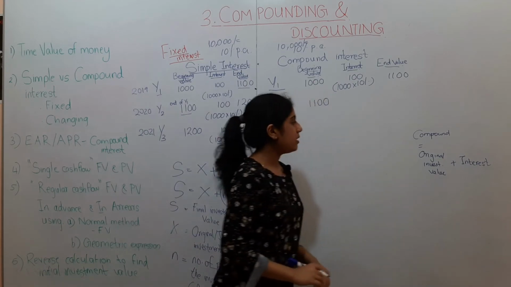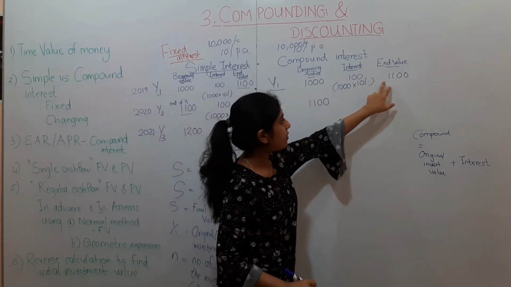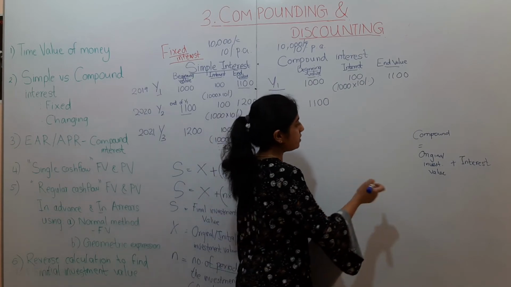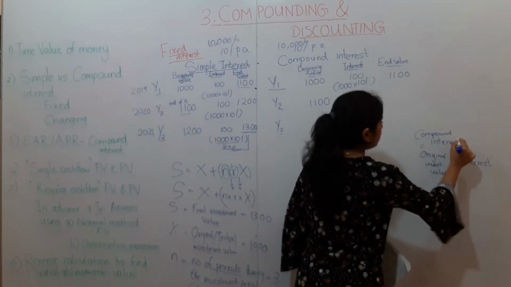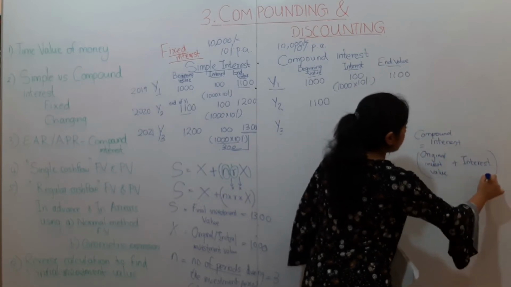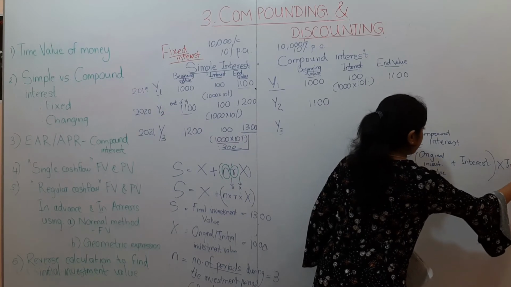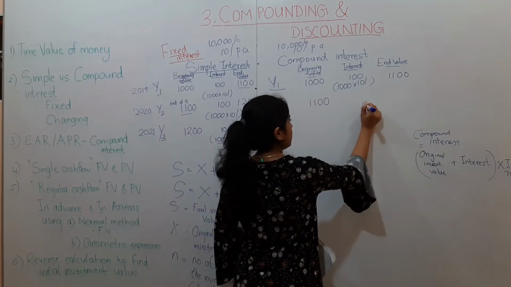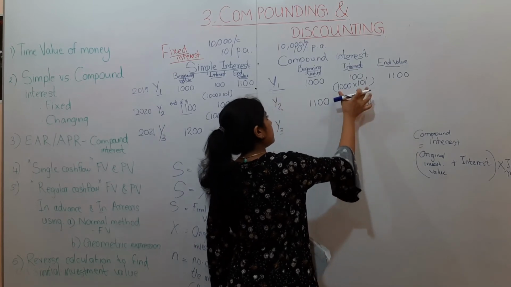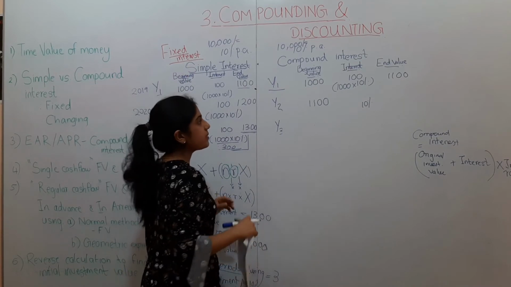Okay. So the original value plus interest is the end value. Therefore, compound interest is calculated on top of the compounded value. Interest rate: the rate here is 10% still, because we are calculating this in a fixed interest rate scenario.